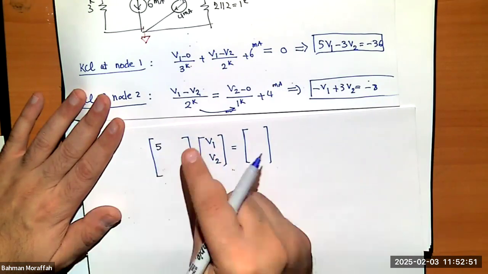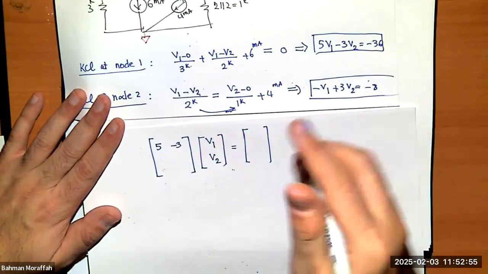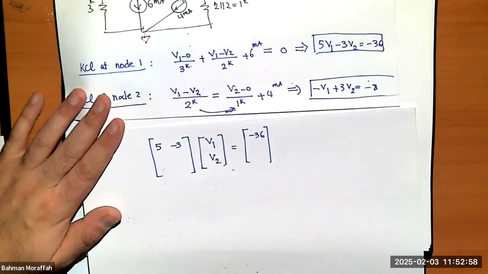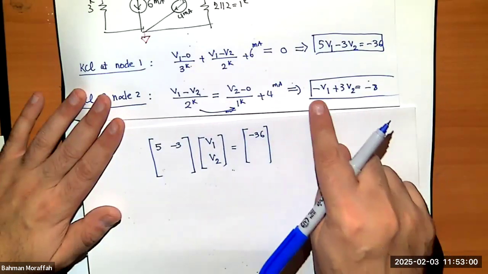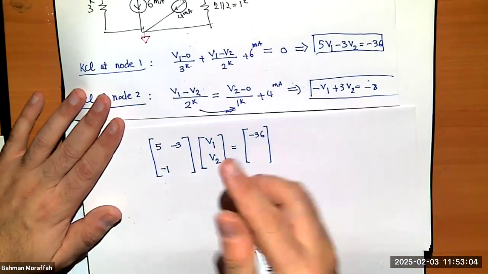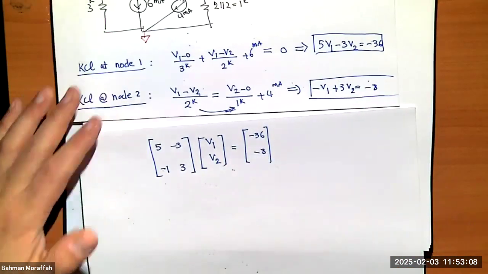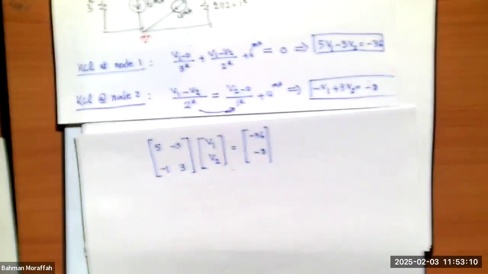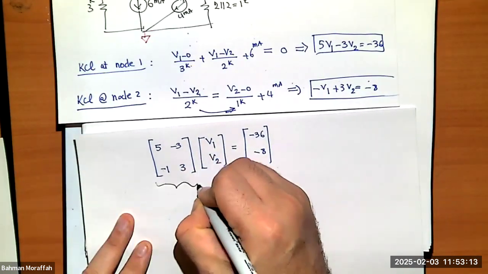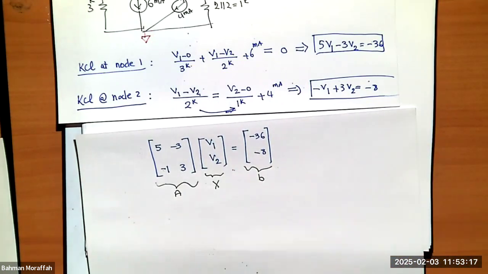So I have 5 times V1 minus 3 times V2. That should be minus 36, right? The second equation is minus V1, so it's minus 1, plus 3 V2. That should be minus 8, right? Again, this is A, this is X, and this is B.